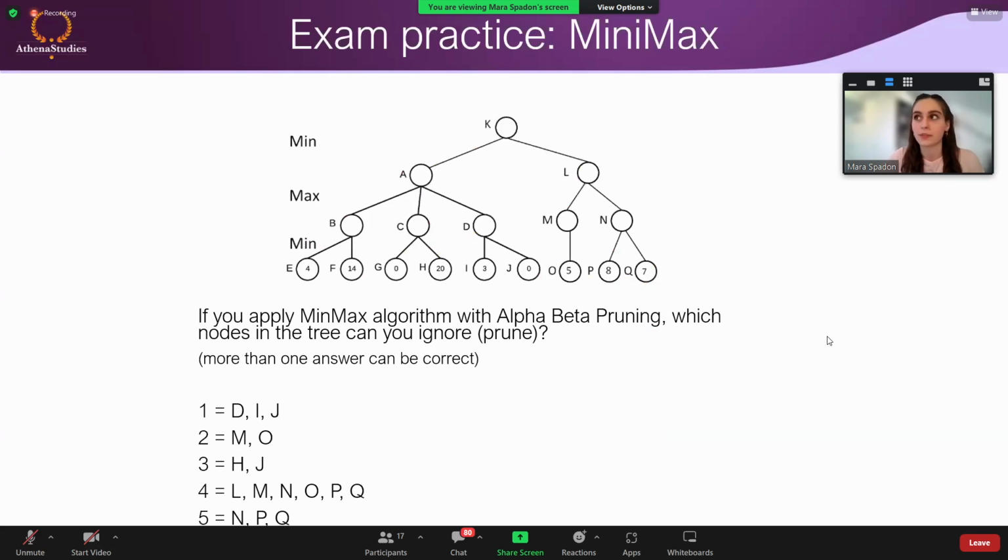So let's do another Minimax question. This one is about alpha-beta pruning. They say: if you apply the Minimax algorithm with alpha-beta pruning, which nodes can you prune? More than one answer can be correct. So this one might take a little while. Let's give you guys 5 minutes, so until 12:25, and then we can discuss it together.